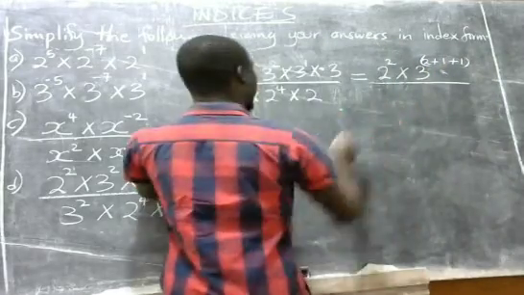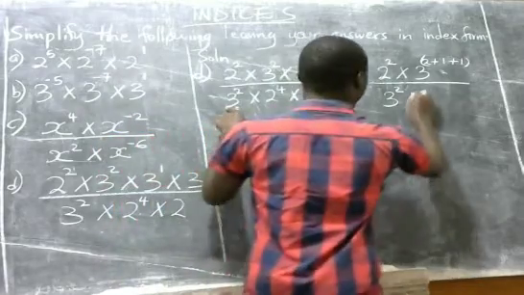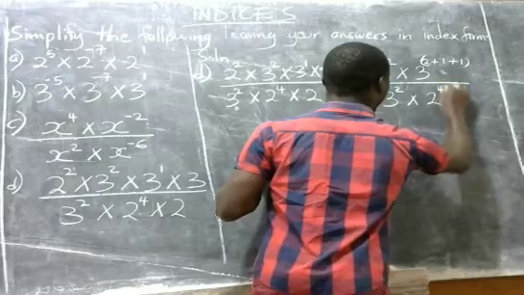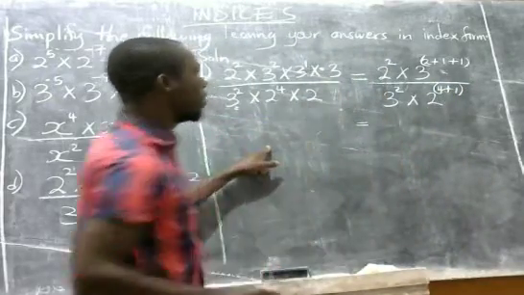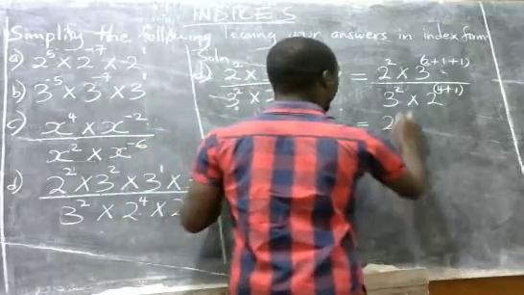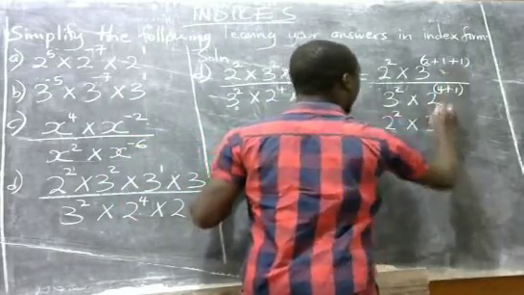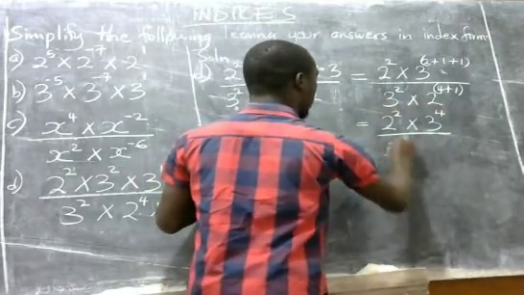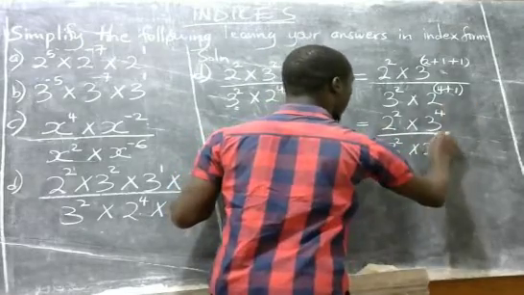Divide by 3 squared, then times 2 power 4 plus 1. I'm adding this one, there is a power of 1. Then in the numerator, that is 2 power 2, then times 3. When I add there, that's going to be power 4. Divide by this one here, 3 squared, then times 2. That one there is power 5.